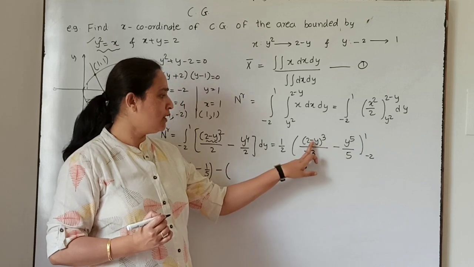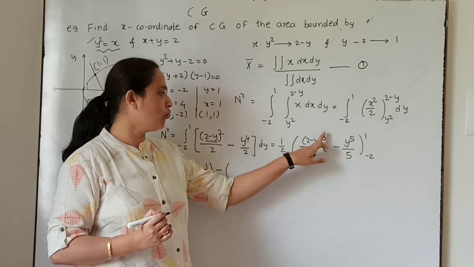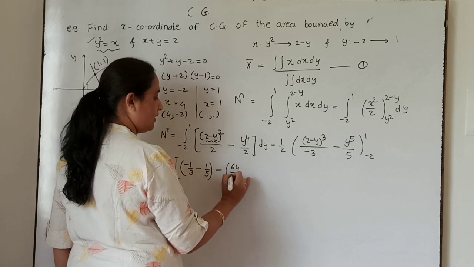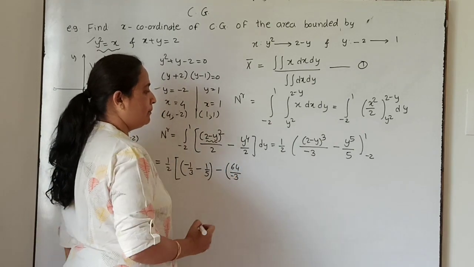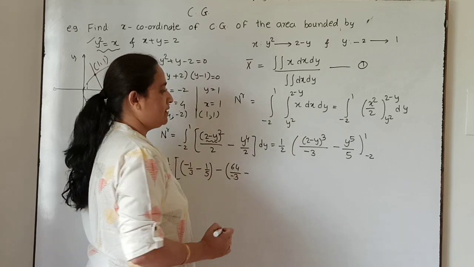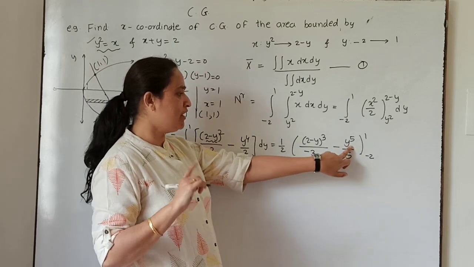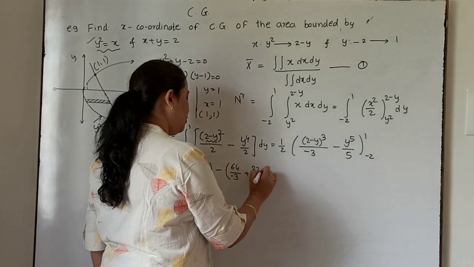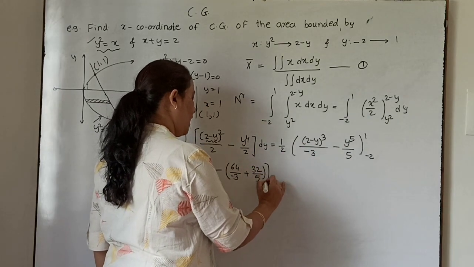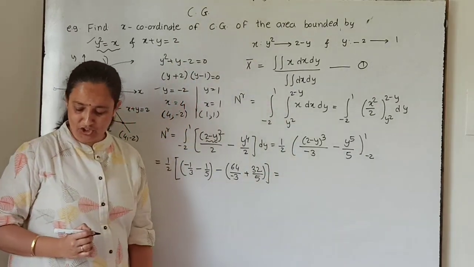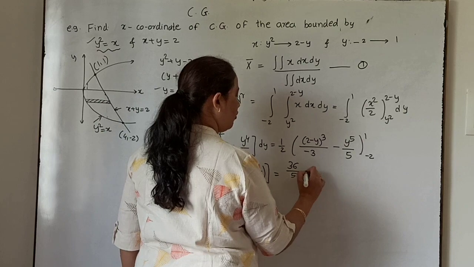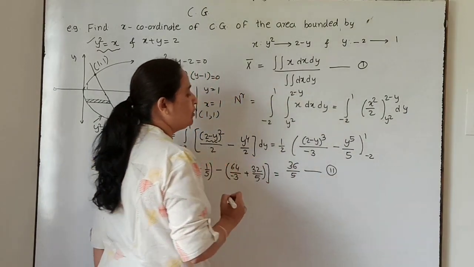Minus minus is plus. 2 plus 2 is 4. 4 cube is 64 upon minus 3, minus minus 2 raised to 5 is minus 32, minus minus plus 32 upon 5. And if we simplify this, you will get the answer 36 by 5. This is the value of the numerator. Say this is equation number 2.